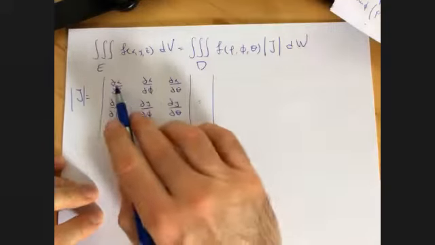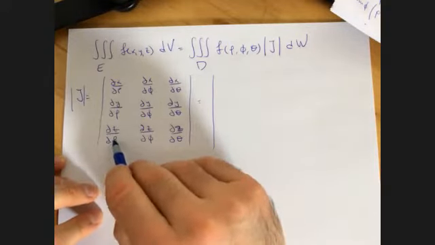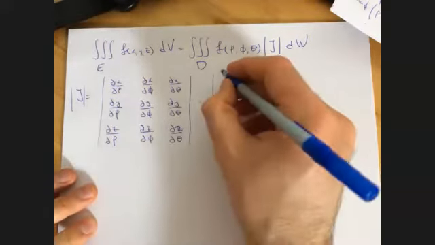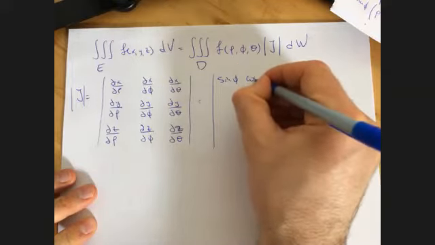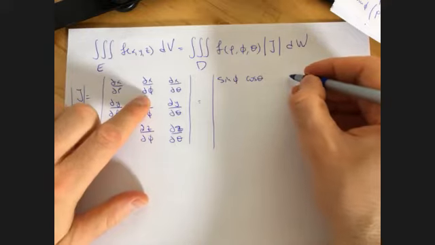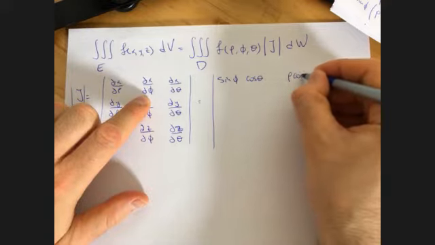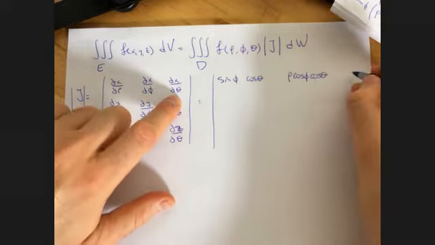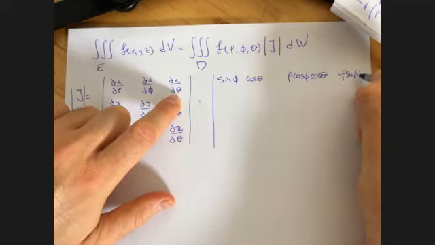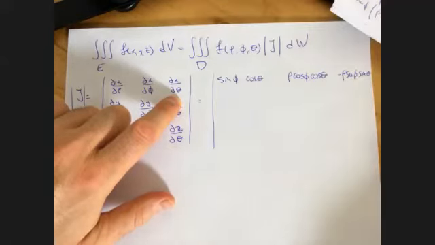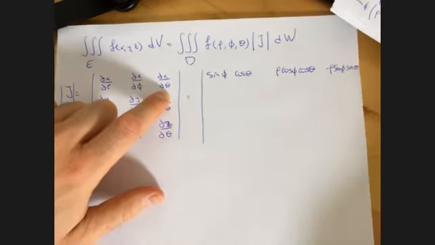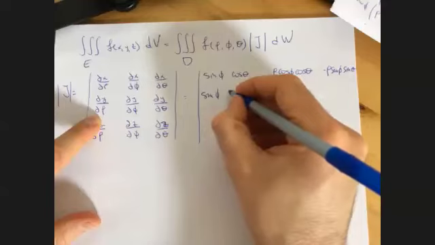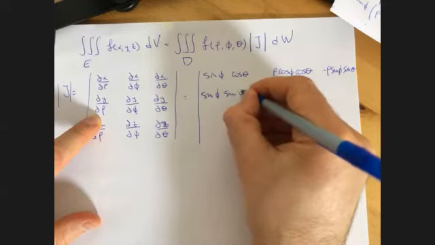Now you can have your x, y, and z in front of you. I'm looking for the partial derivatives. I have them in front of me, so I just evaluate them. Partial x partial rho is sine phi cosine theta. Partial x partial phi is rho cosine phi cosine theta. And partial x partial theta is negative rho sine phi sine theta. Now partial y partial rho is just sine phi sine theta.